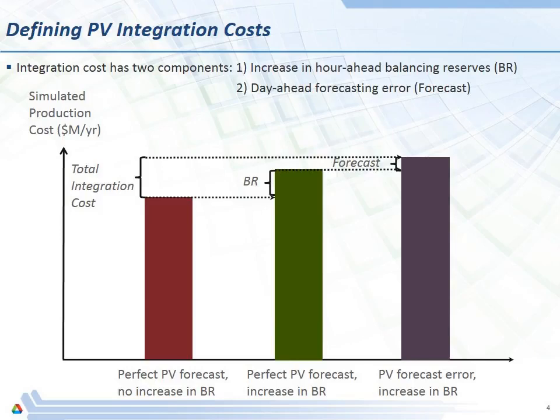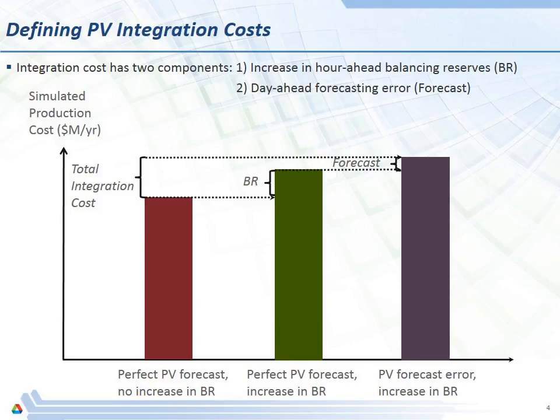So these increasing costs is shown by the green and purple bars. To do this, resource planners add an integration cost to the production cost model results to adjust for these missing elements. These integration costs are estimated through more detailed offline analysis that's done outside of this normal IRP planning process.